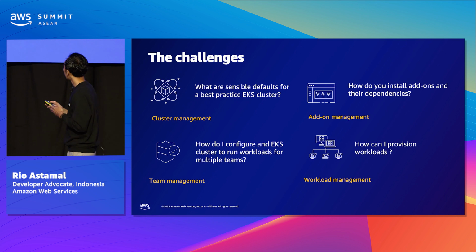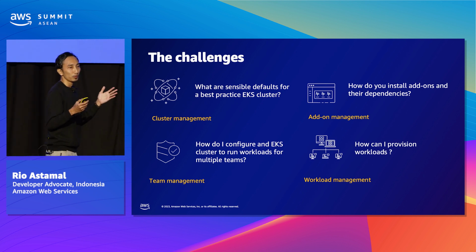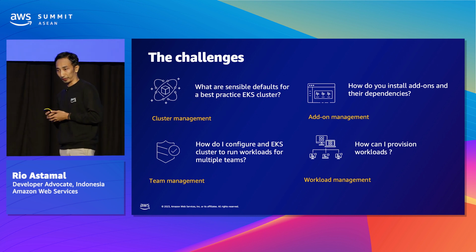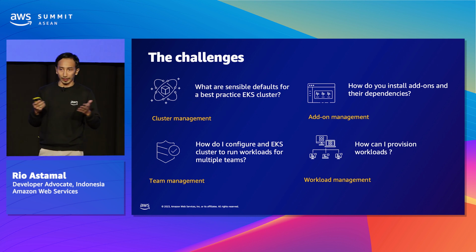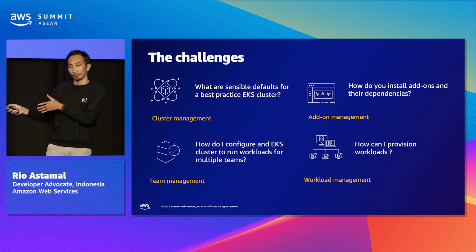Here are the challenges that I want to highlight. First is cluster management. How do you enforce best practices to run Kubernetes cluster on AWS? And let's say, how do you want to configure multiple teams on your Kubernetes cluster? Let's say you want to separate between platform team and the application team who manage the app.